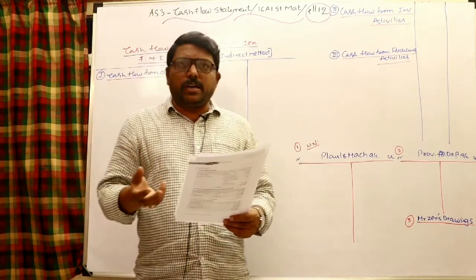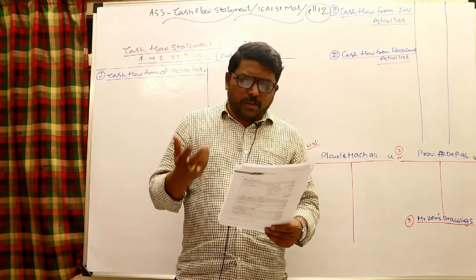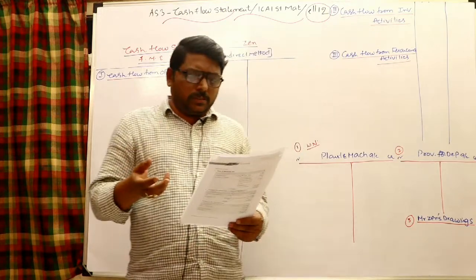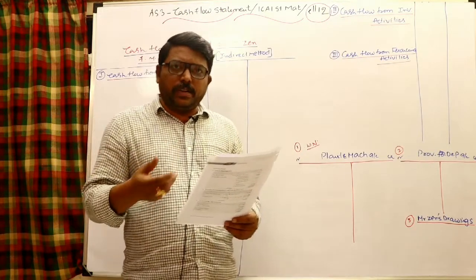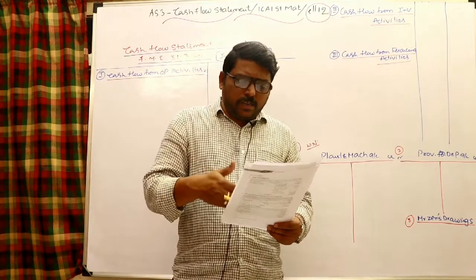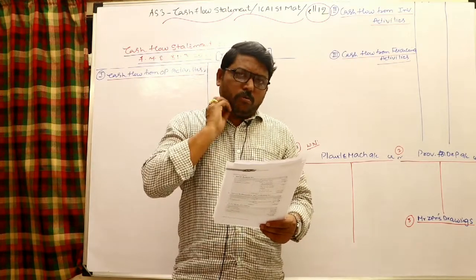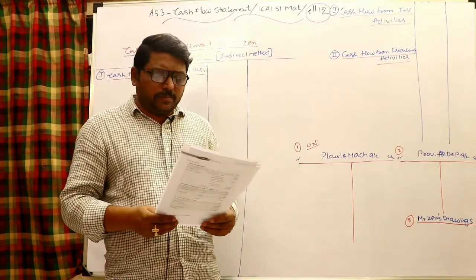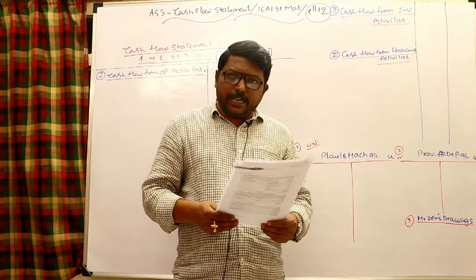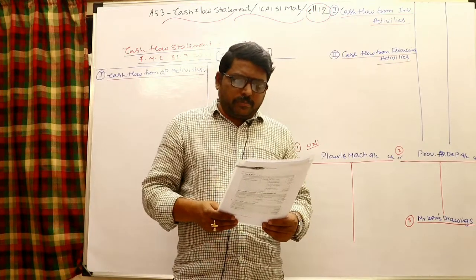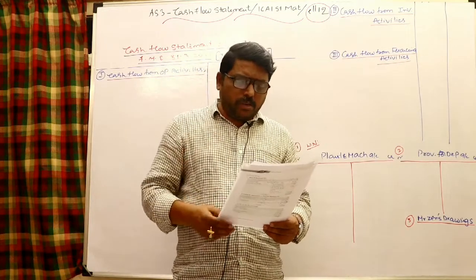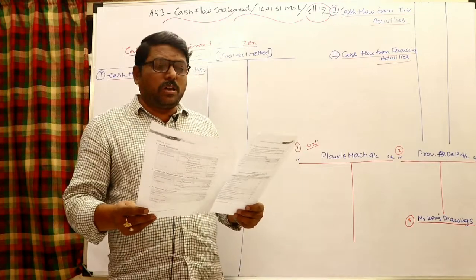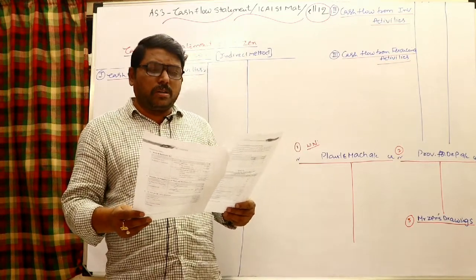If you would like to do it by the direct method, we need to know the collection from debtors, payment to creditors, operating expenses paid, tax paid, etc. But in the given problem it is not possible to find out collection from debtors, payment to creditors, etc. So we need to go for the indirect method, and by taking the net profit we need to work it out. You are given the opening balance sheet as well as the closing balance sheet.